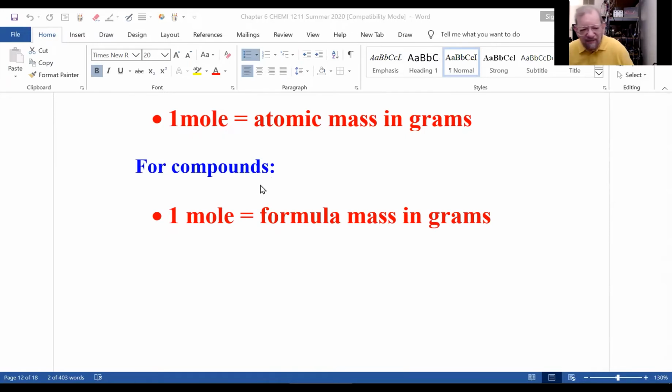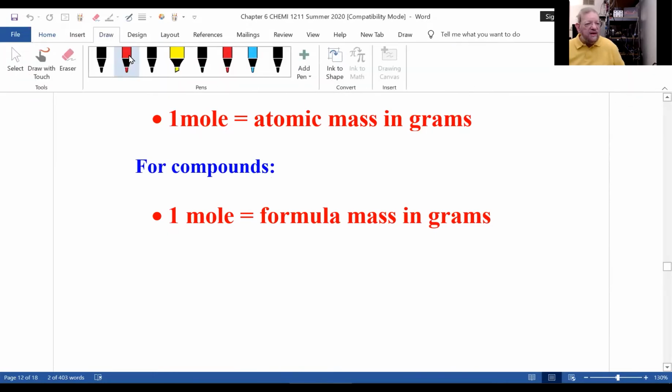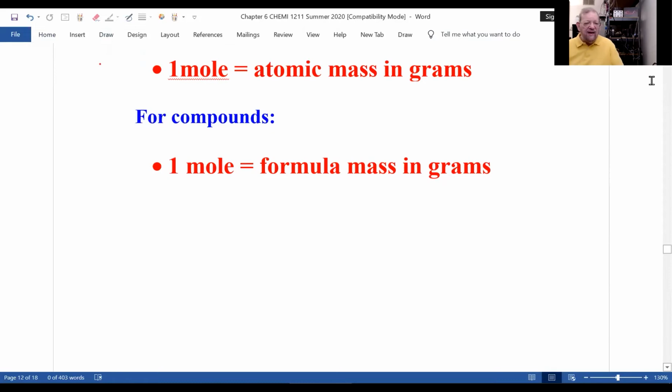And now what you should also know how to use is that 1 mole of an element equals the atomic mass in grams of the element.